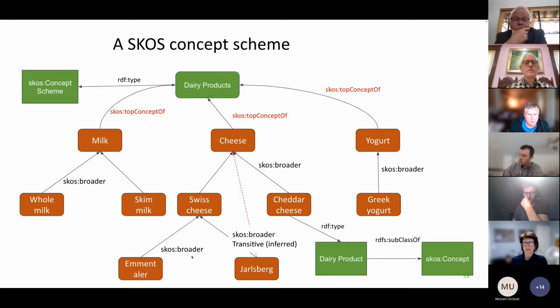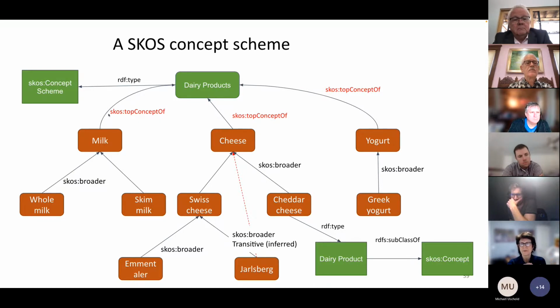So these are similar. The relationship here, SKOS broader to SKOS broader transitive, is the same as gist has direct supercategory and has supercategory. The only thing that's slightly different is that broader transitive is annotated to indicate that this is not expected to be asserted. It's expected to be inferred from the series of broader relationships. The other thing that SKOS has that gist does not have is this predicate top concept of.